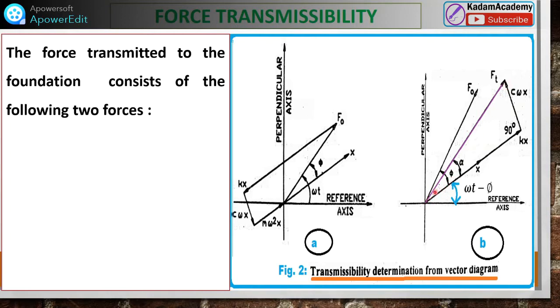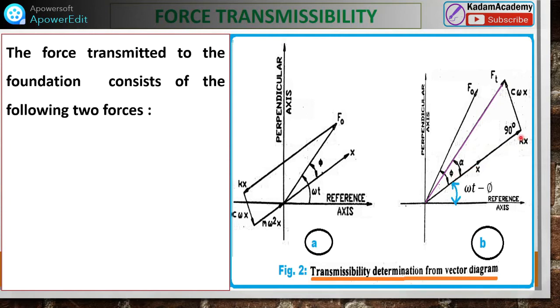When we connect this point to this end of C omega x, that is the vector sum of these two forces, that is the FT. FT means the force transmitted. And this is lagging the excitation force. This is given F0, this value of F0, and it is at an angle of phi from this Kx. Friends, what will happen?